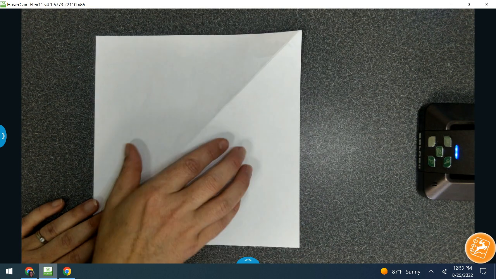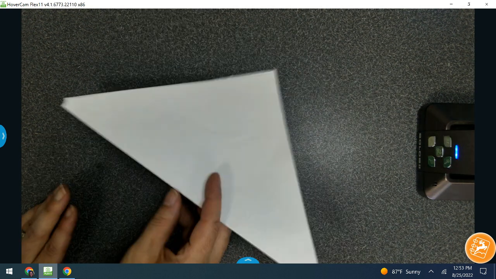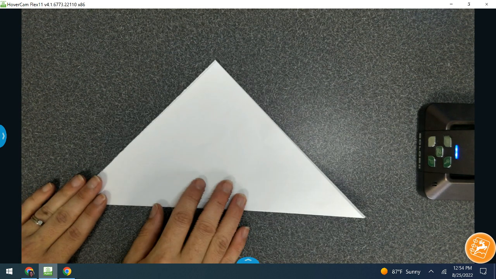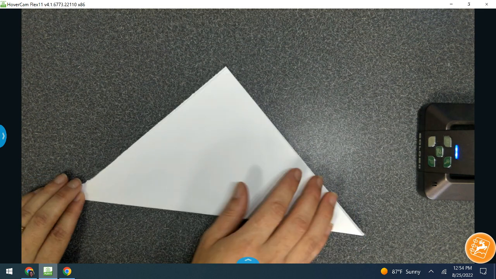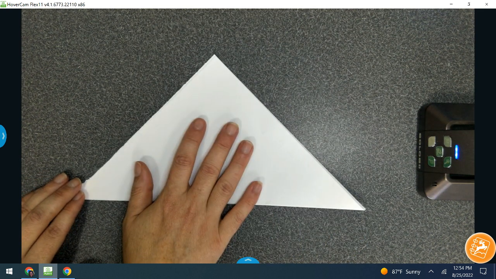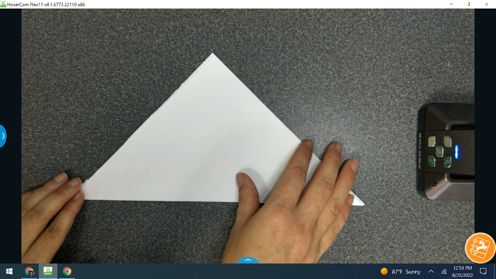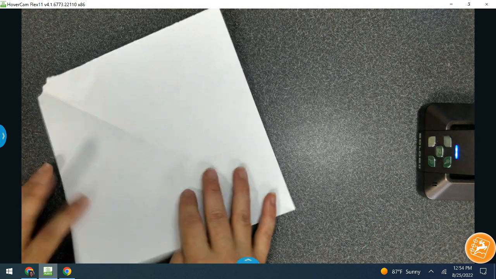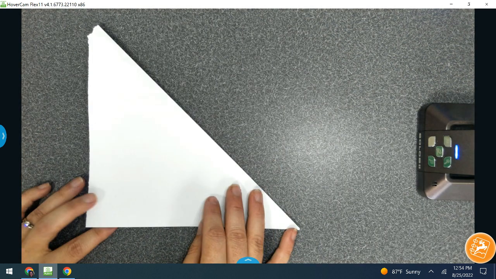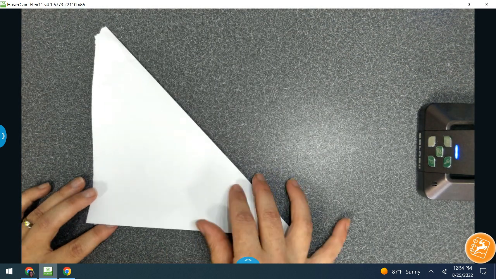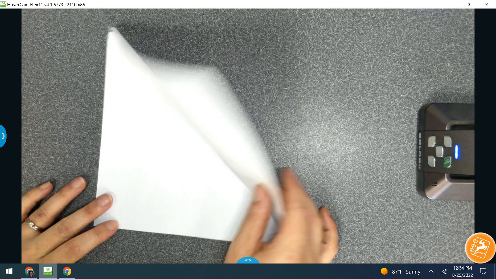And then what I want you to do is I want this. So for the area of this triangle, it is 1/2 base times height. So this is what they mean by it's half of a parallelogram.